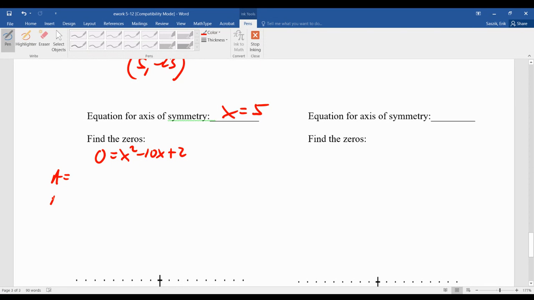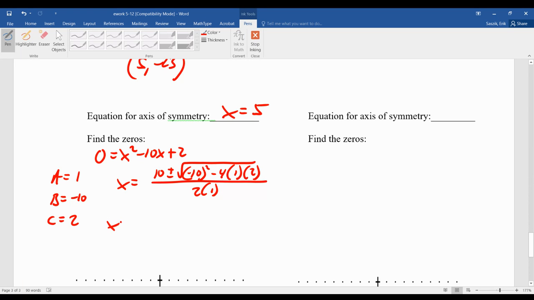So I'm hoping that you guys realize that means quadratic formula, x equals opposite of b plus or minus square root b squared minus 4 times a times c all over 2 times a. Now everything in that square root comes out to 92.